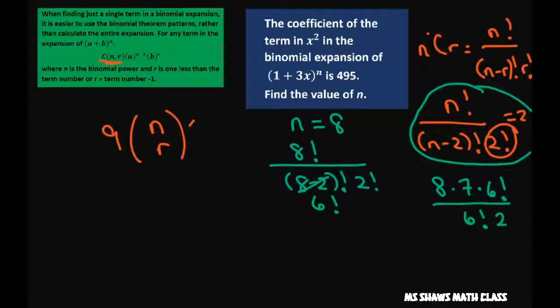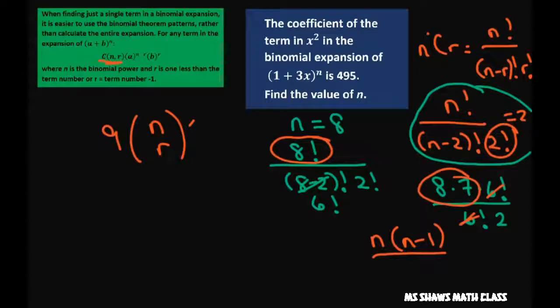And what's going to happen is these are going to cancel. So you're only going to have 2 terms there, which is n times n minus 1, depending on what our n is, because of the 2. So any number you put in for n, it's always going to be n times n minus 1, because these 2 terms will cancel and you're still left with that 2.